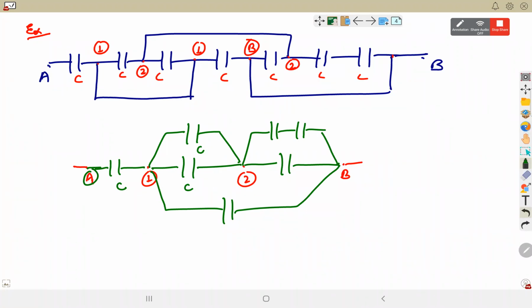Did you get the same circuit? Rahul, Bharat? Yes, sir. Okay. Are you actually doing it or just saying yes sir? What's the answer, Bharat? You have to tell.